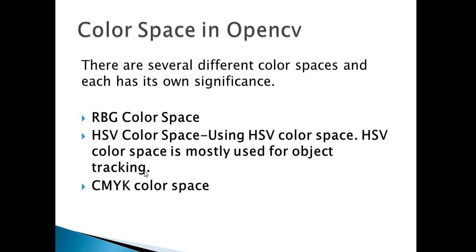Diffuse light comes from a particular direction but eventually reflects on all the surfaces. And there is one more light, the spotlight, which comes from a particular direction and reflects in a particular direction. So you can play with CMYK color and see that lighting effect on your image or on the object which you want to display.